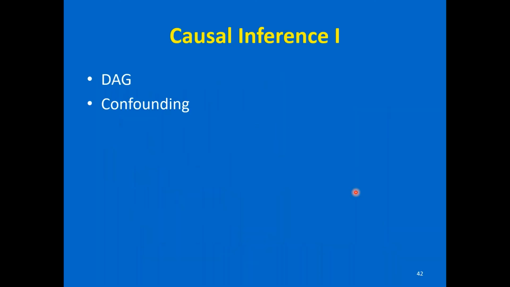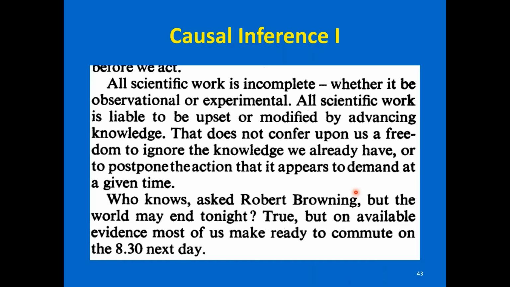So in summary, I presented to you directed acyclic graphs and confounding. I would end with the same paragraph Austin Bradford Hill ended his main paper with, in which he introduced the causal criteria, Hill's criteria for causality: all scientific work is incomplete, whether it be observational or experimental.